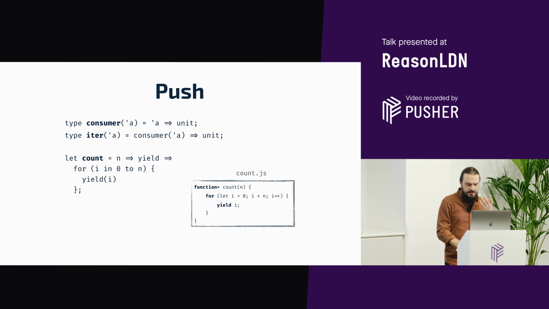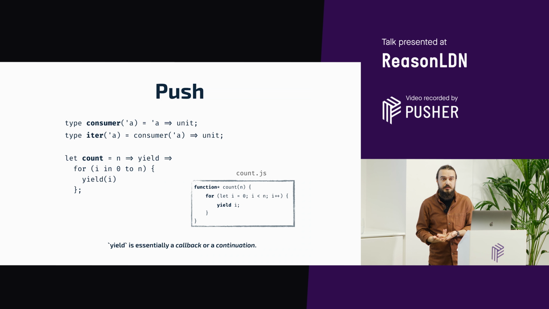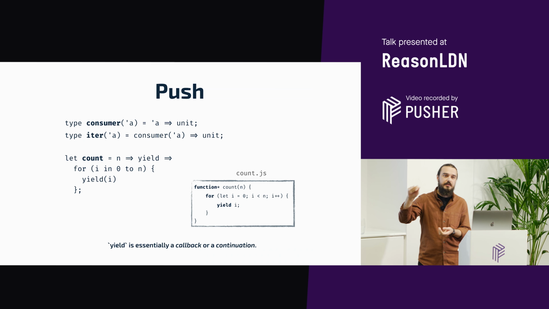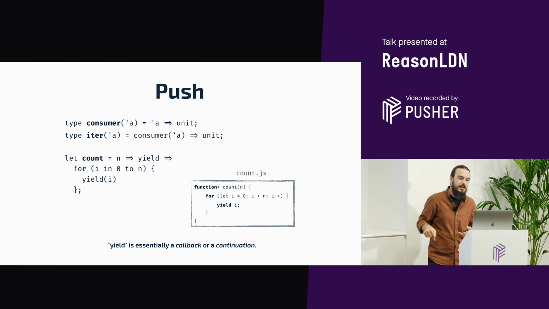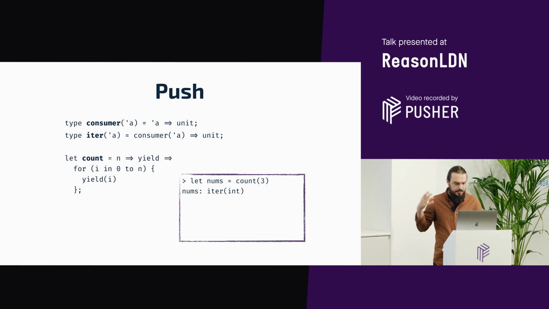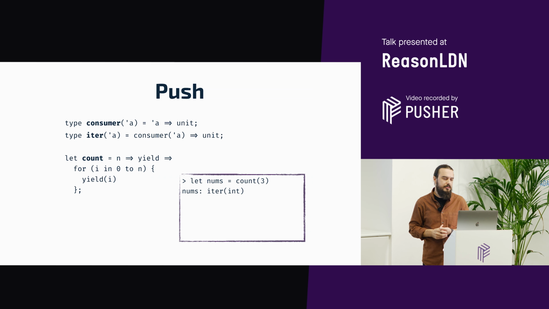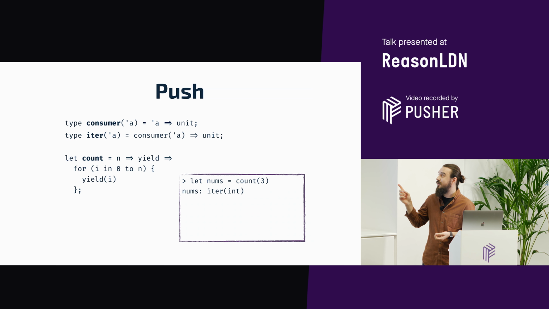And another interesting thing to notice is that yield is essentially just a callback or a continuation. We supply this function to receive the values, and the producer will do something and generate these values and send them down. So let's use this function. We can create this numbers iterator that will only count up to 3, and then we need to give it a consumer that satisfies the consumer type.